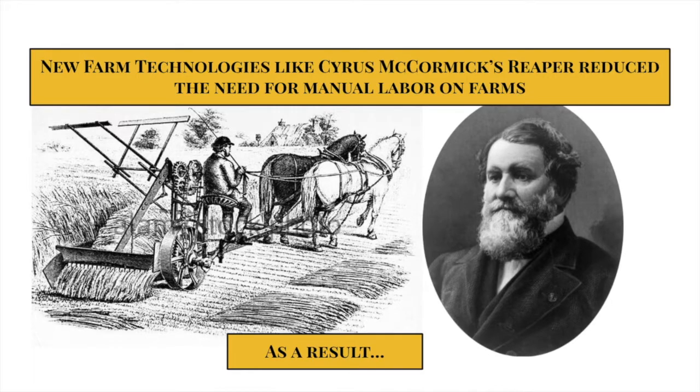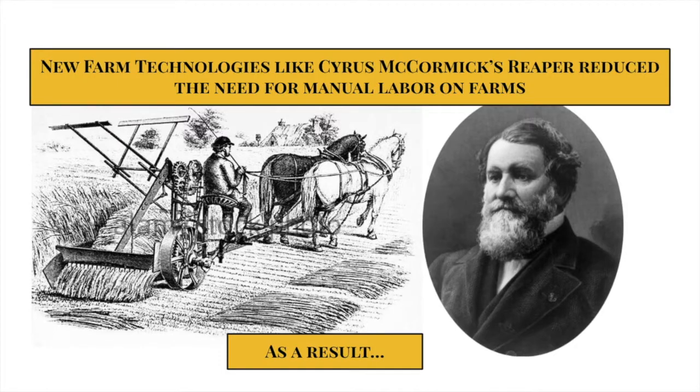Another movement of people into these urban areas to develop our industry is the fact that they're being replaced on farms by technology. New farm technologies like the one seen here, this is Cyrus McCormick's Reaper, are going to replace the need for a lot of manual labor on farms. Obviously, we still need people to work farms, but technology is going to replace a lot of the work that was being done by hand.